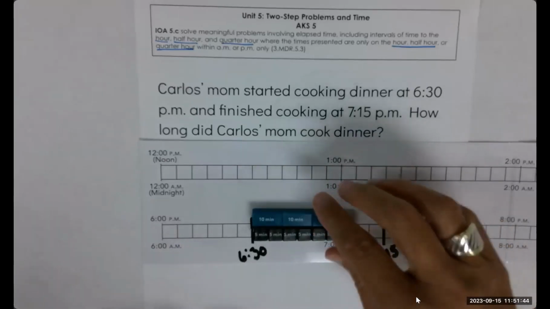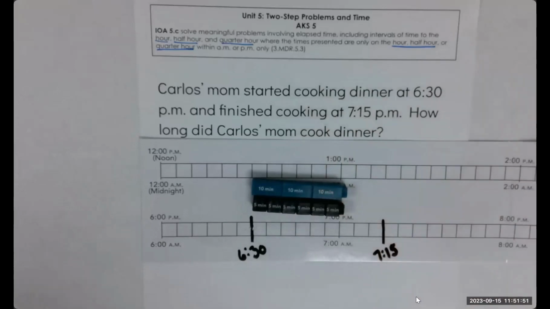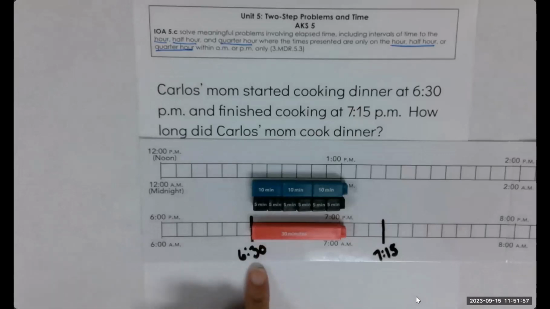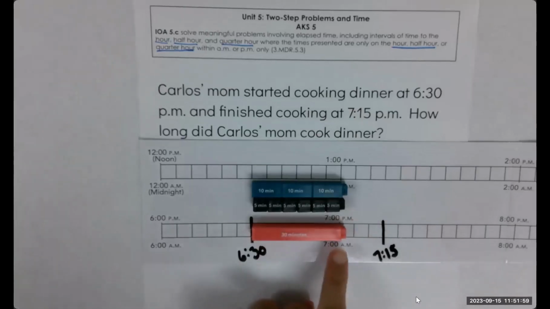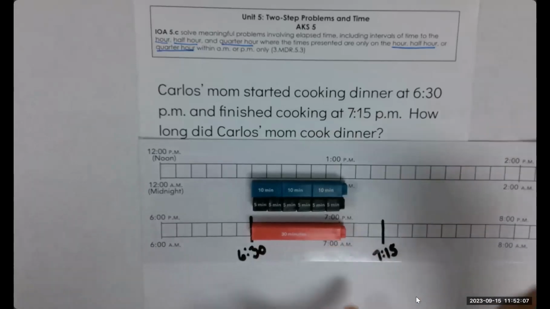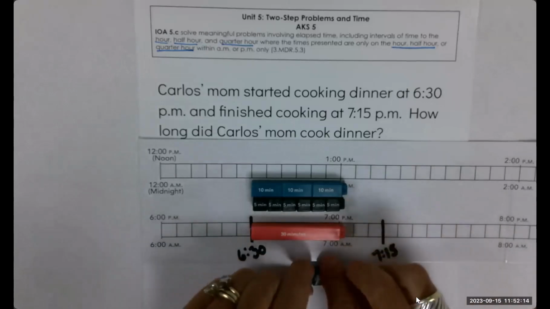Some kids can count by 20 as their thinking with time becomes more sophisticated, or some students may be able to say, you know what? I know 30 and 30 makes 60, so I'm already at 6:30. 30 more minutes means I'm at 7, and now I just have to figure out how much time is between 7 and 7:15. Again, your students can count individually, 5, 10, 15.